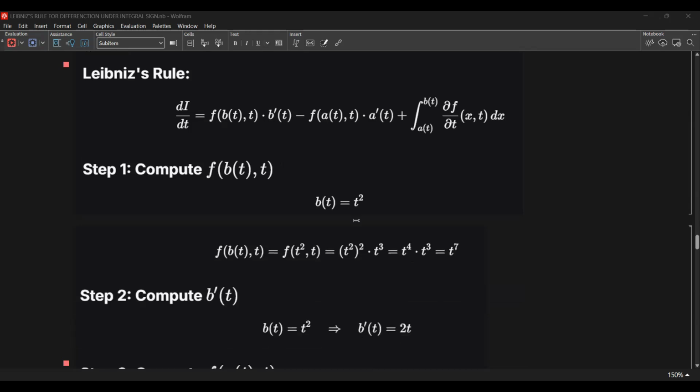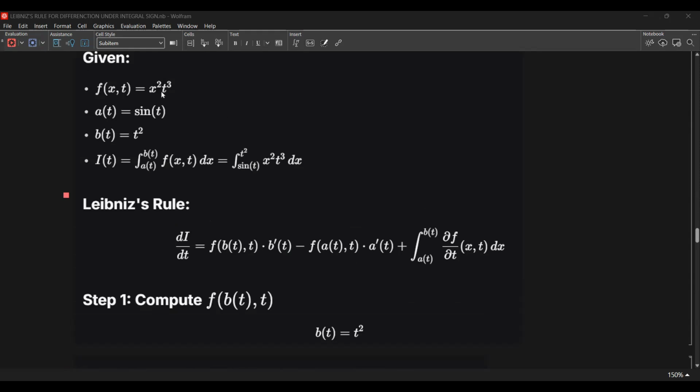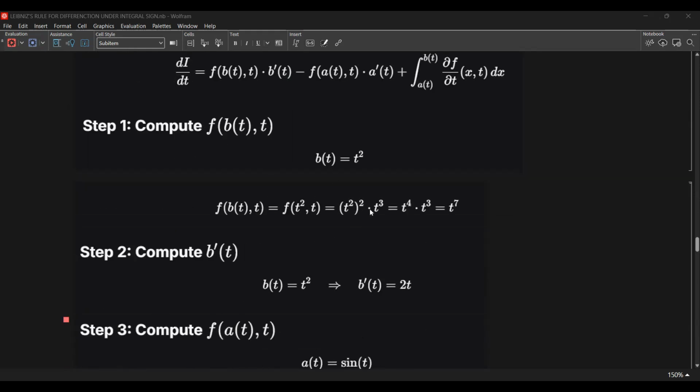So compute for b of t squared. Our f of t squared, t equals t squared times t cubed. So our x here is equal to x squared. So f of x, t equals x squared times t cubed. So that's the reason why this is equal to t cubed, x squared.